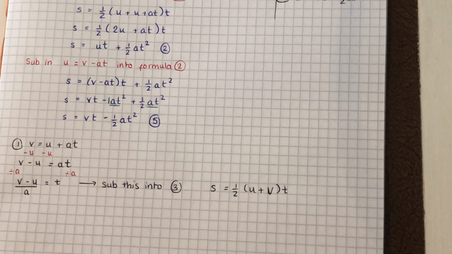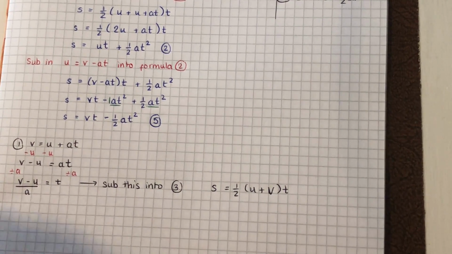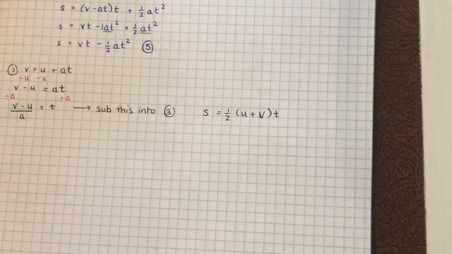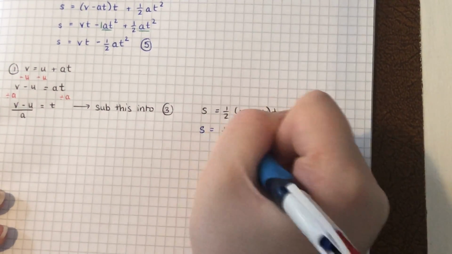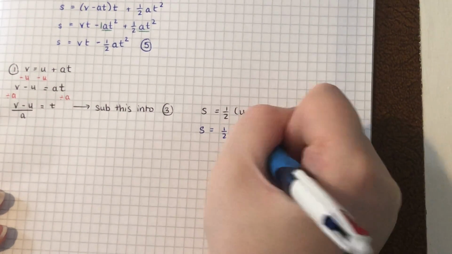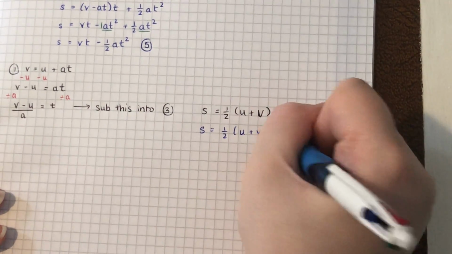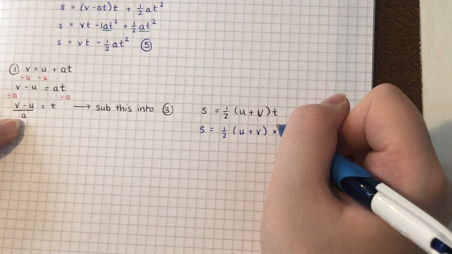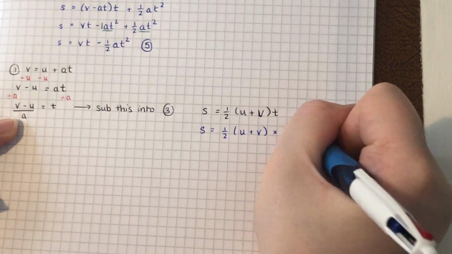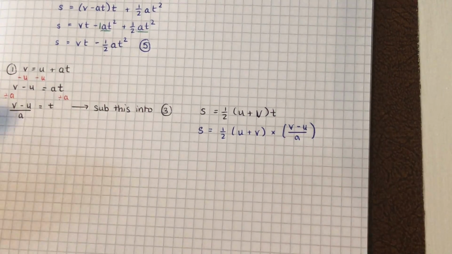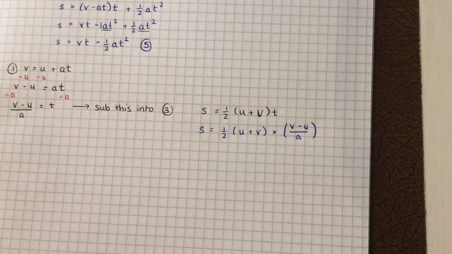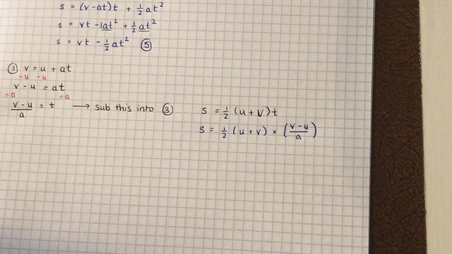Most of it will stay the same, so it'll still be s equals a half, it'll still be u plus v in the bracket, but your t part will be this bit here. So I'm going to put in brackets again just to make sure I'm doing all the workings right.